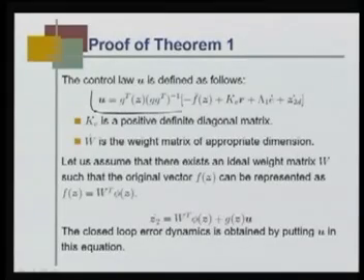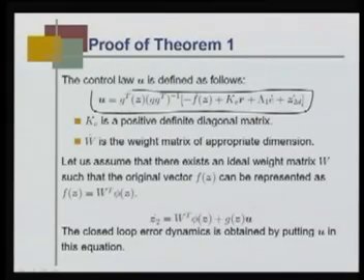Now, we will go to the proof with this basic idea we have already described. We described that this control law, with the weight update algorithm for f hat z, which is W hat dot is minus F phi R transpose.